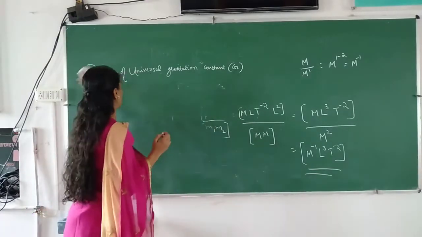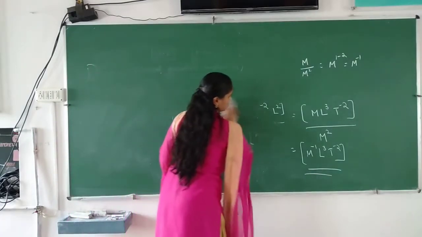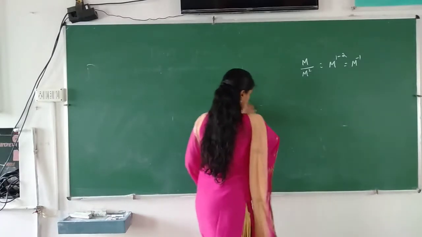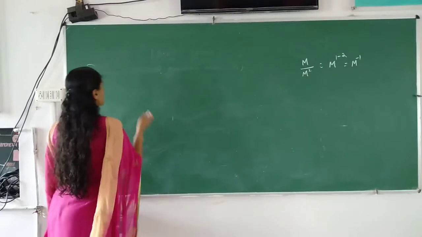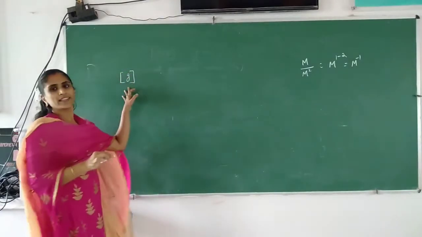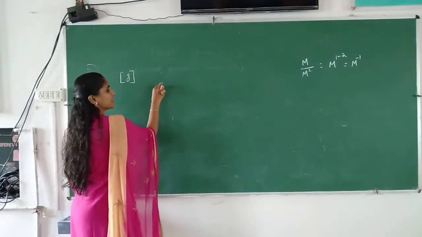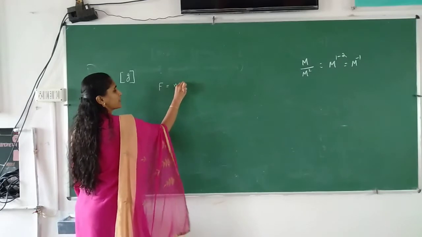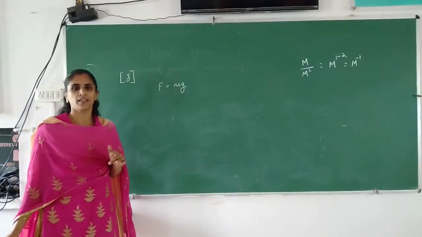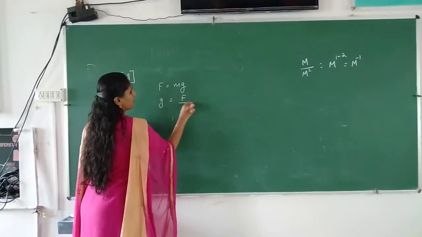Next we will discuss the dimension of acceleration due to gravity. g is acceleration due to gravity. What is the formula? You can write F is equal to mg, because force or weight is equal to mg. From this, g is equal to F by m.